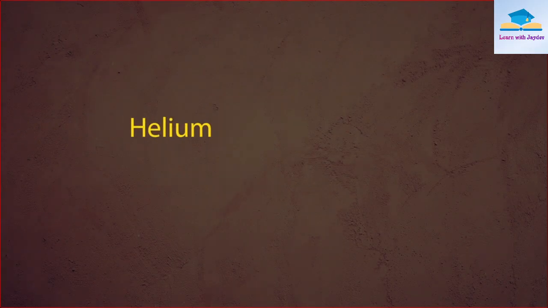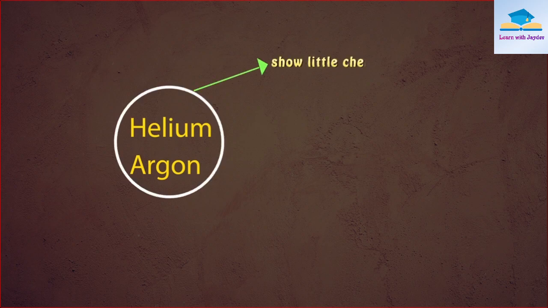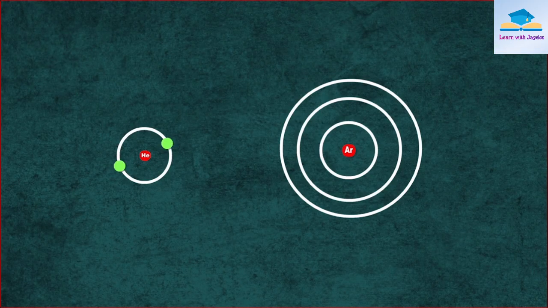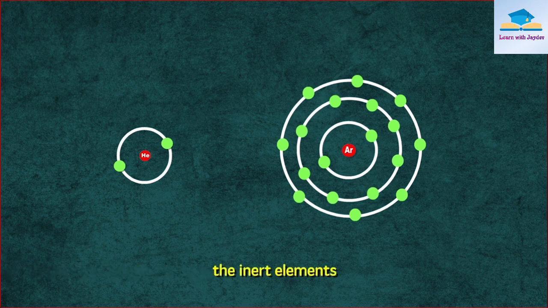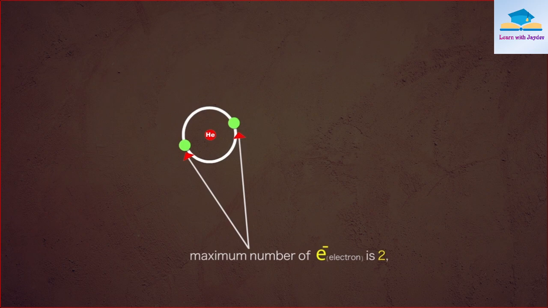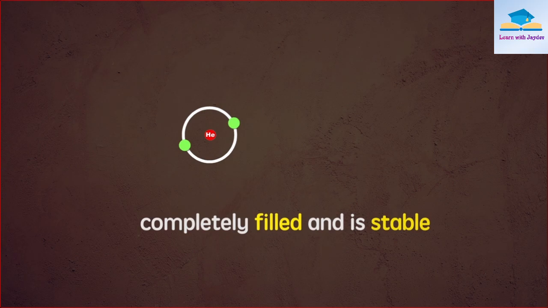The atoms of elements which show little chemical activity are stable. It means that their outermost shell is completely filled, that is, the inert elements like helium and argon. Since the maximum number of electrons that can be accommodated in the first shell is 2, and the atomic number of helium is 2, it is completely filled and is stable.